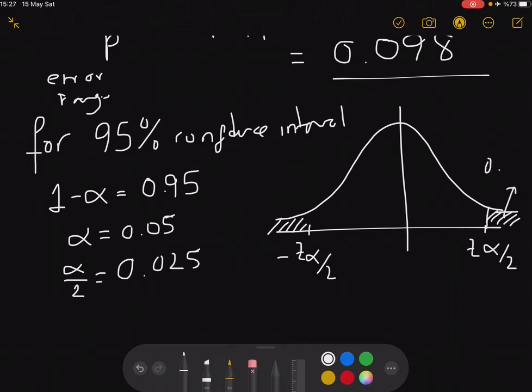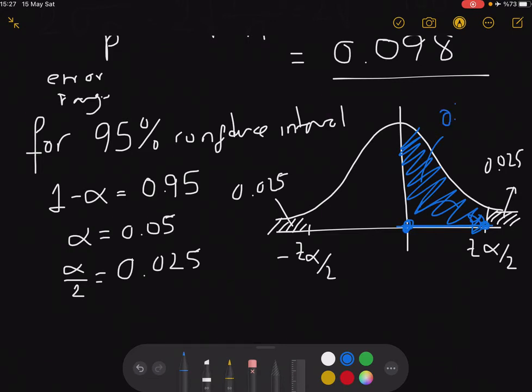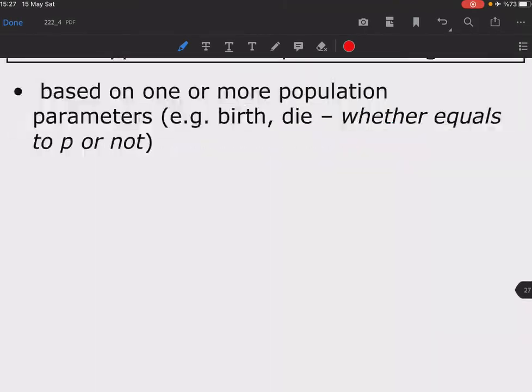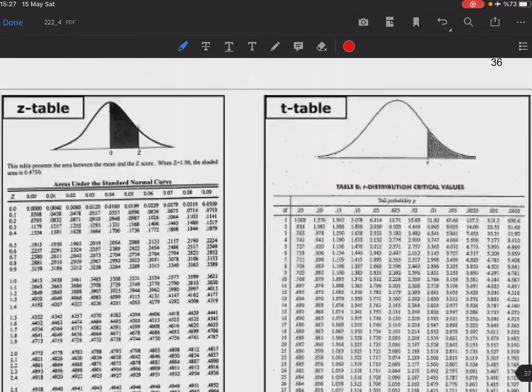This one should be 0.025 here. But if we want to use our normal distribution table, this should be the area we will be dealing with, where it should be 0.475, right?